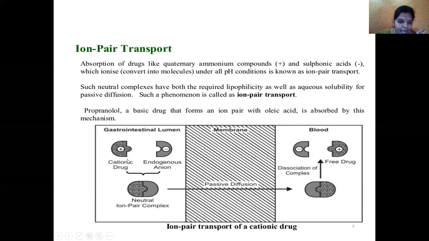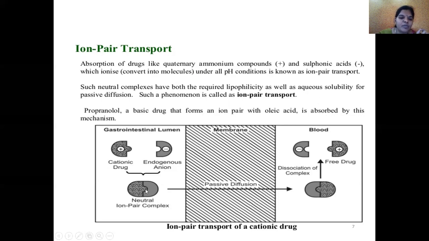Here, cationic drug and endogenous anion. I am always telling you that from the site of administration to the systemic circulation, the unchanged movement we have to note down under absorption. So, the entry of your drug from the GI lumen to the blood. See, cationic drug, endogenous anion.